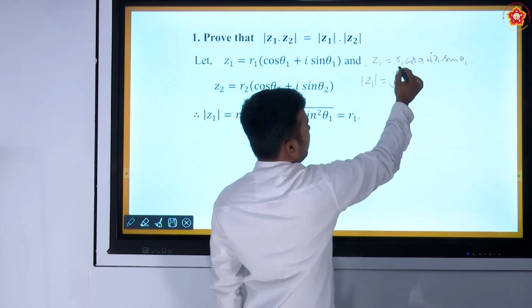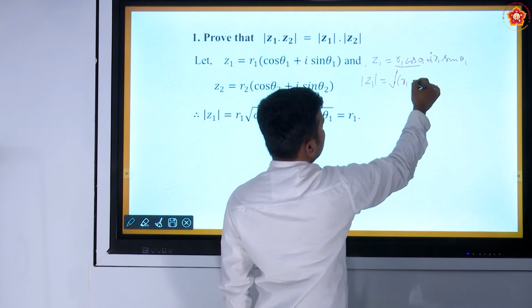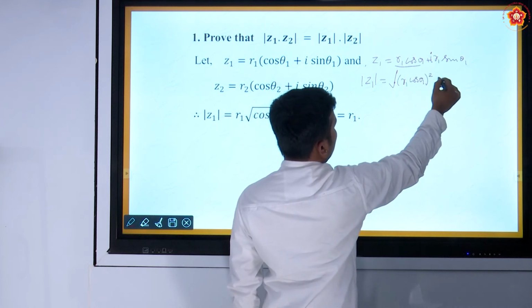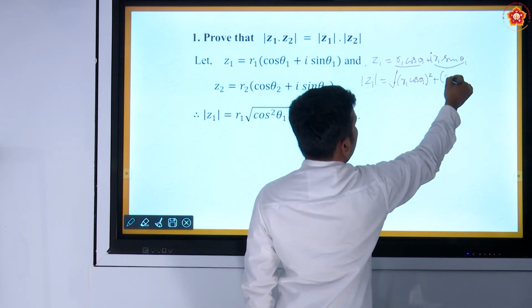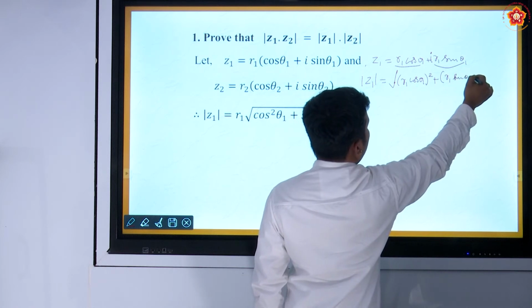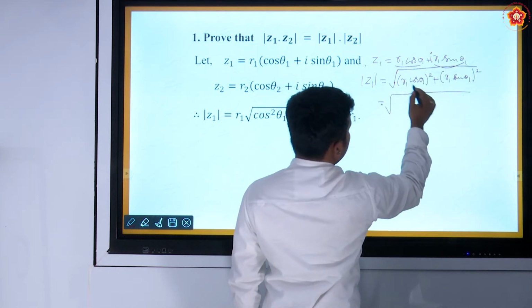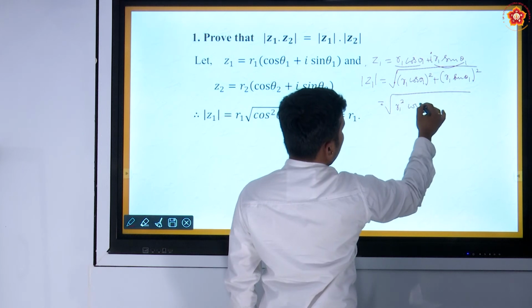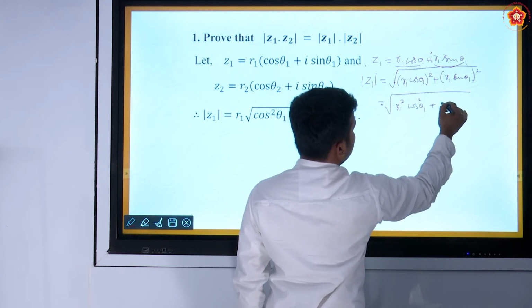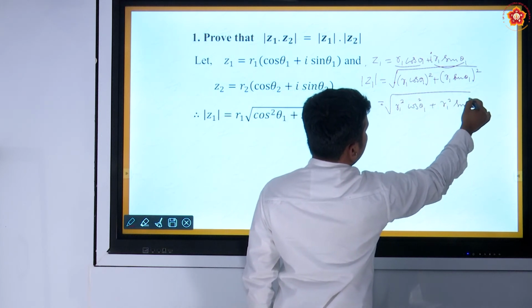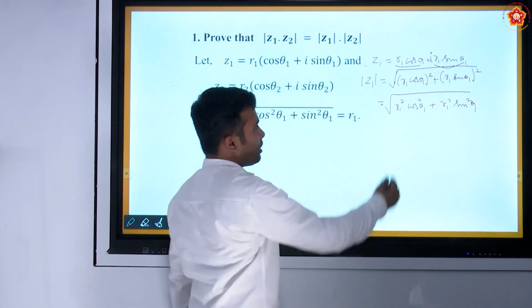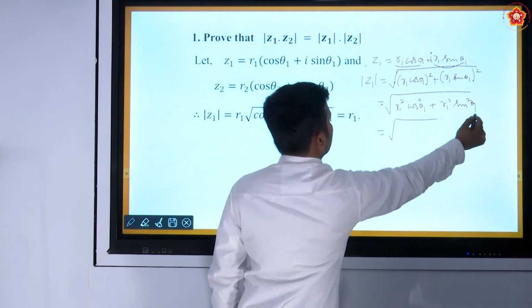You can square this, r1 cos theta 1 whole square, plus you can square this as well, r1 sin theta 1 whole square. So this will be r1 square into cos square theta 1 plus r1 square into sin square theta 1.